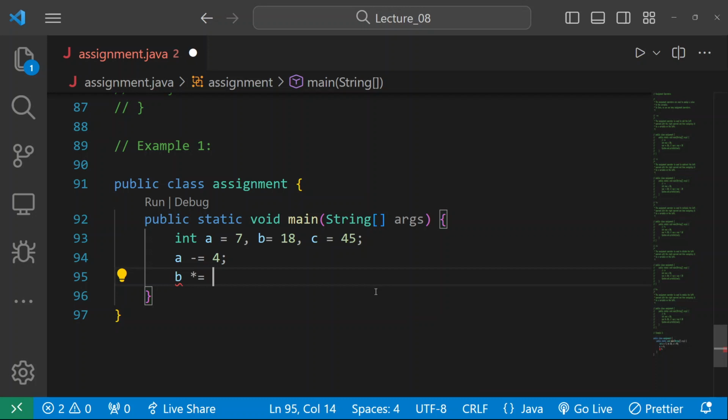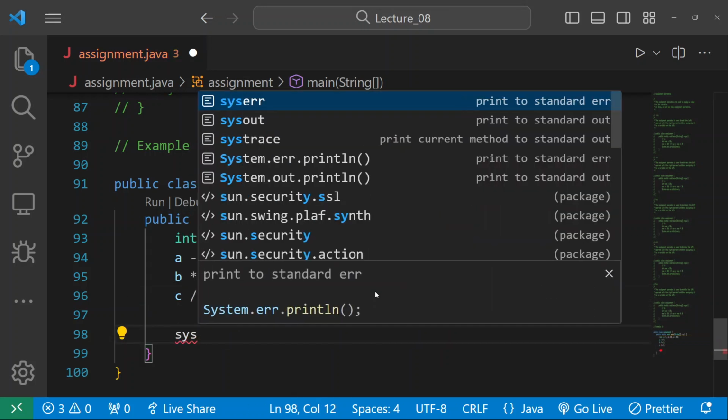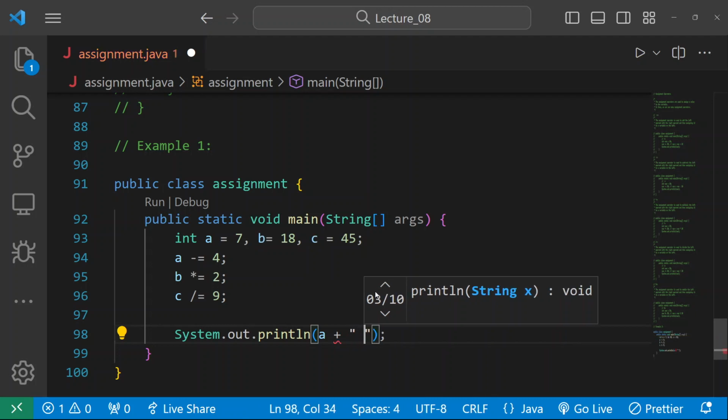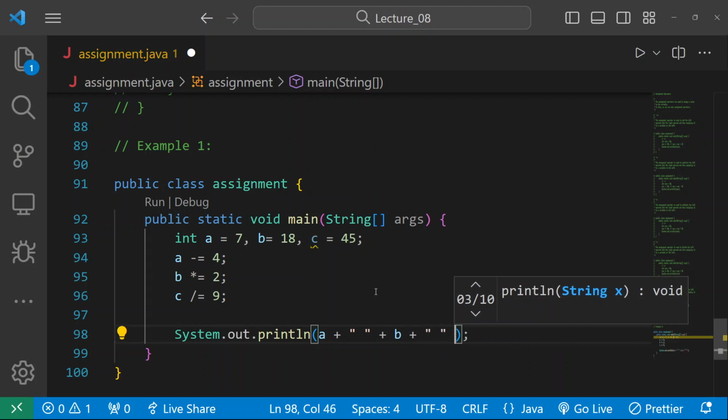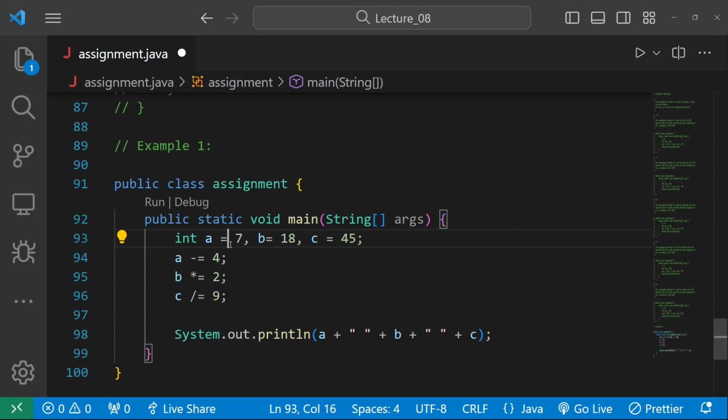b star equal to 2, and I am writing c divide equal to 9, and let me print it. I will be printing a, and I need to print all three things. Your task is to guess the output before I print it. Please guess the output. You have 1 minute in your hand.